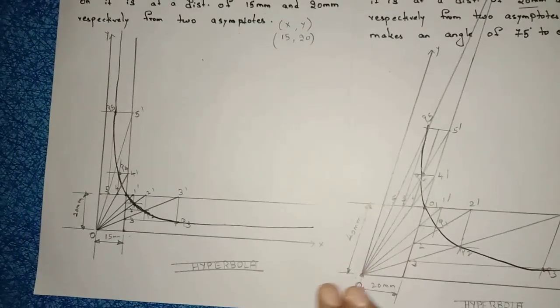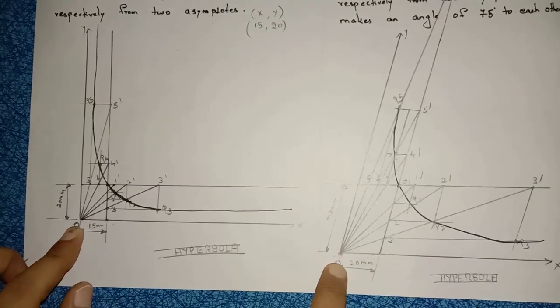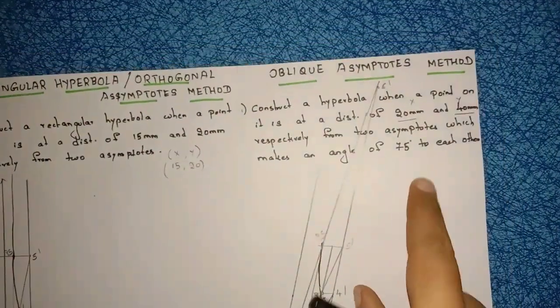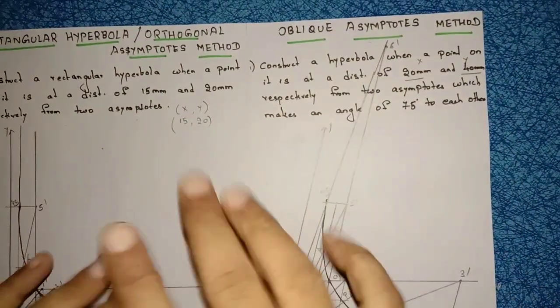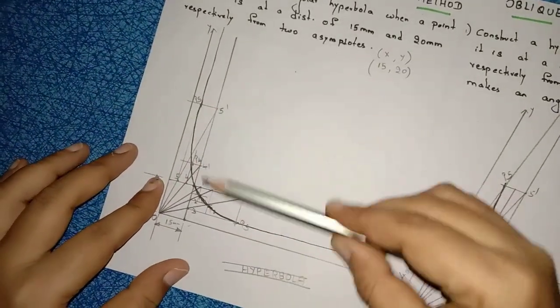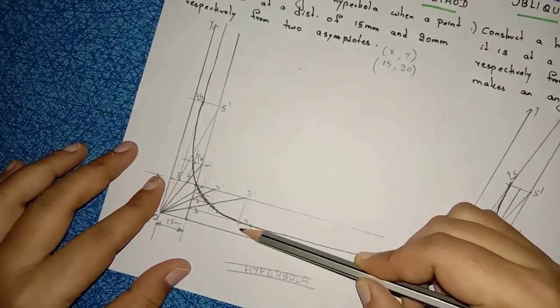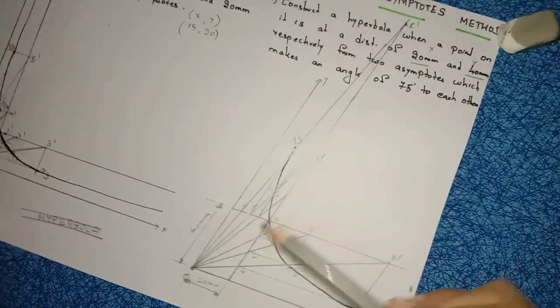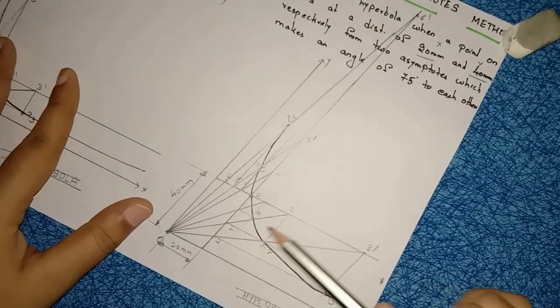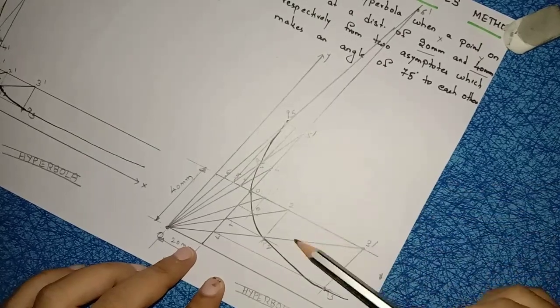Right, so these are the two methods. See, if you see the difference, here the angle is 90 degrees and here the angle is 75 degrees. So if in the question they mention an angle, that is like the parallelogram method. Right, so from every point we are drawing perpendicular lines because it is 90 degrees, but we are not drawing perpendicular lines here. We are drawing the line which is parallel to this one, 75 degrees, no?